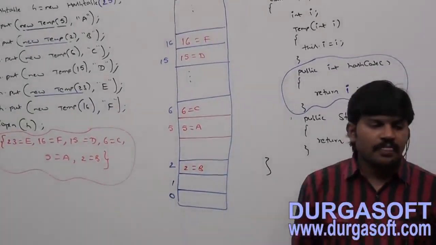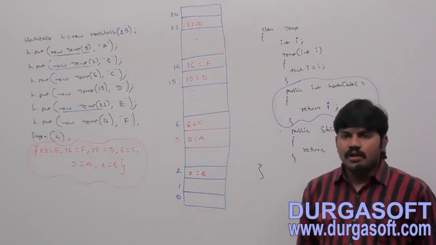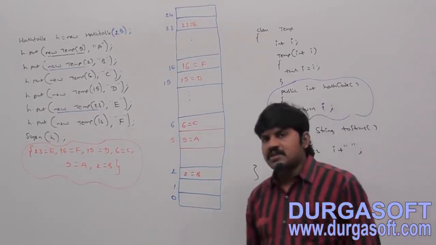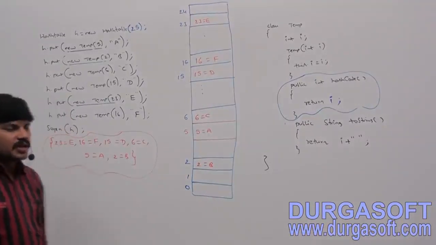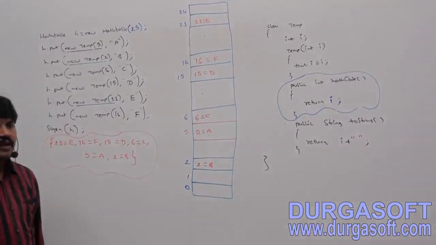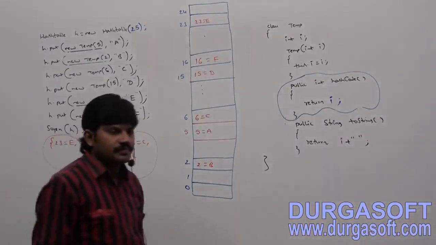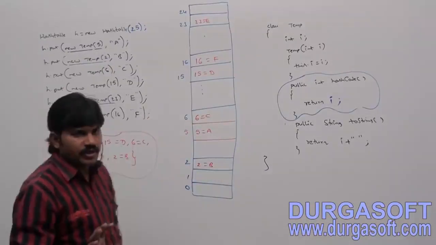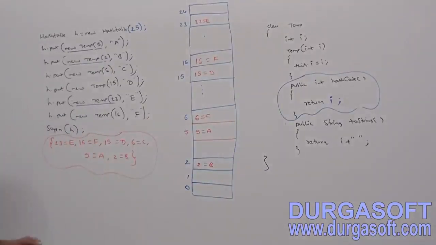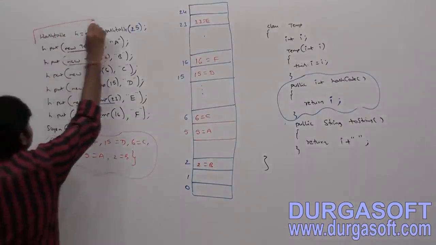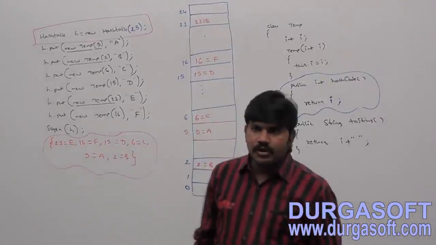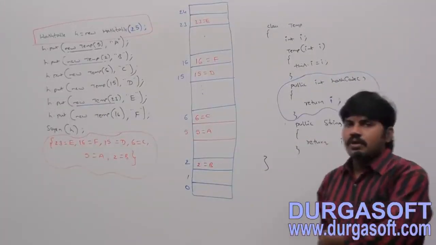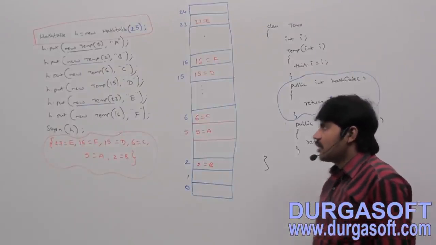Same thing only, at this point also. If we configure the initial capacity as 25, take only this line: Hashtable h is equal to new Hashtable of 25.